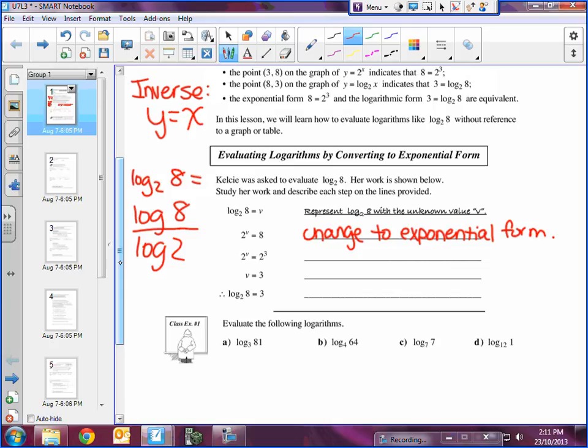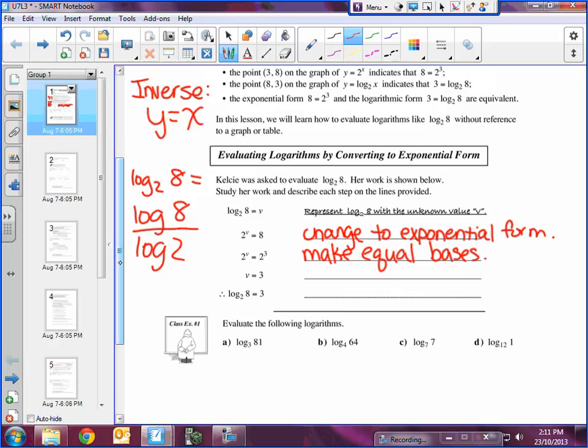What did she do in this third step? Yep. Make equal bases. In questions like this, there will always be a base that would be the same between the two. So if my base was 2 under the exponent, then I want to set the right-hand side to have a base of 2.